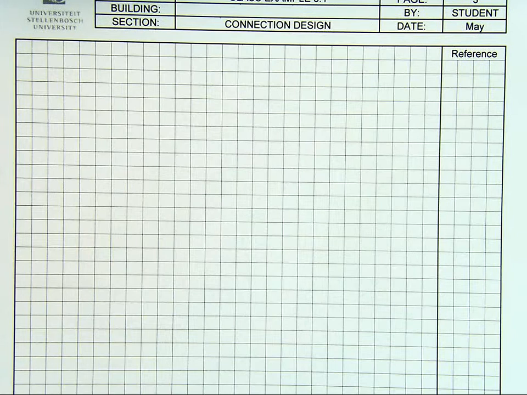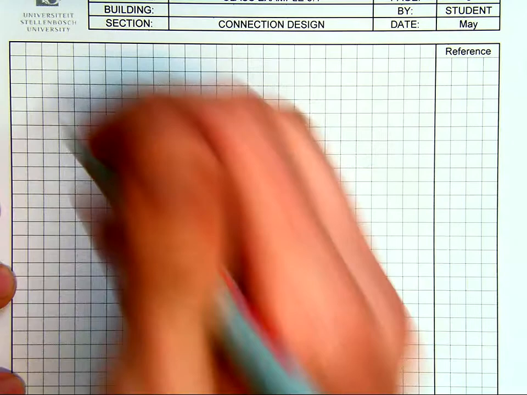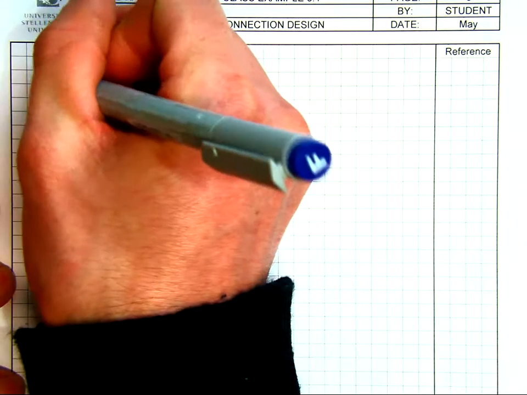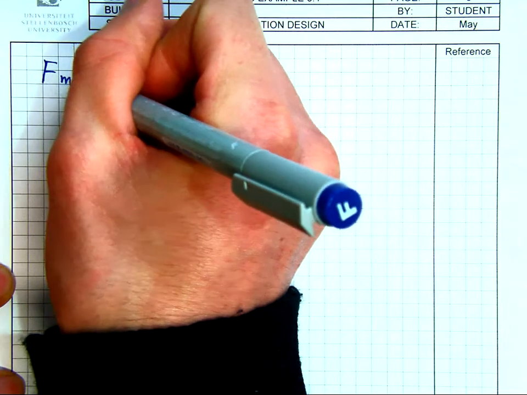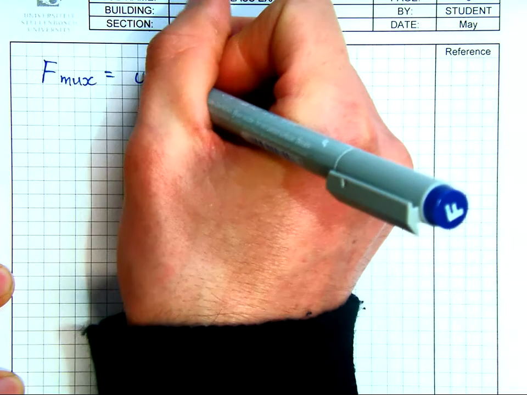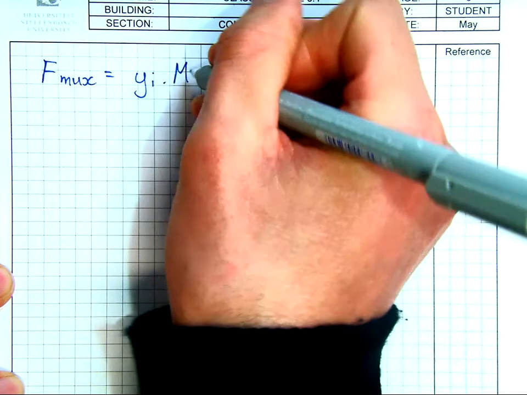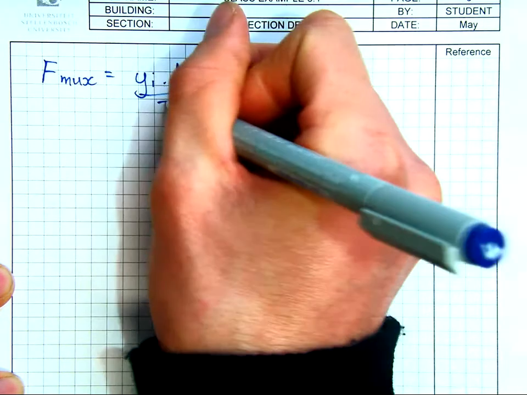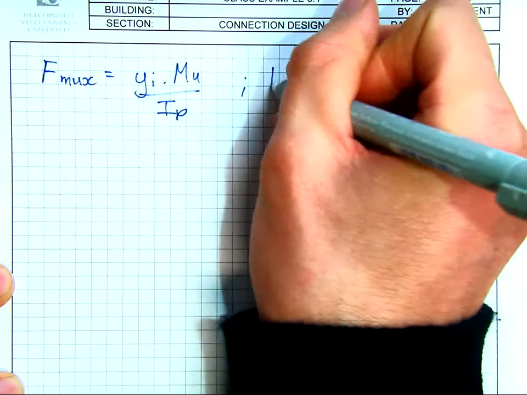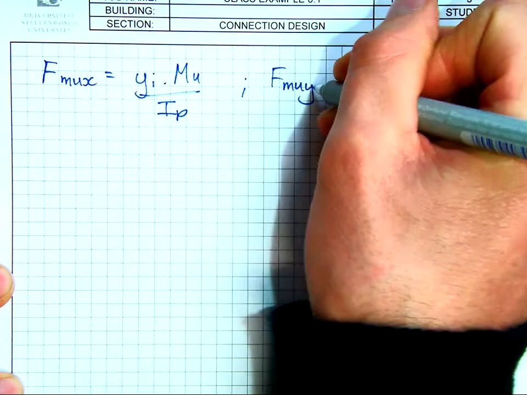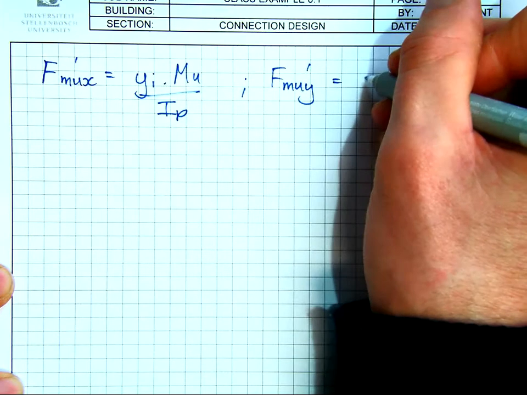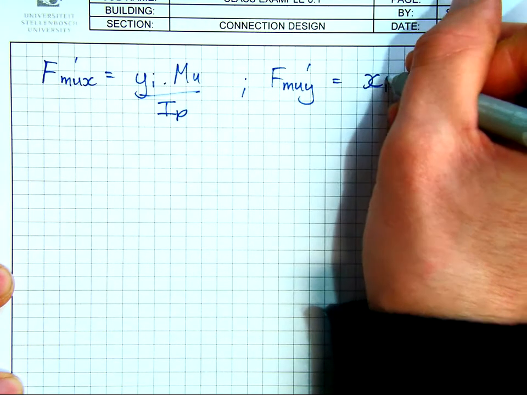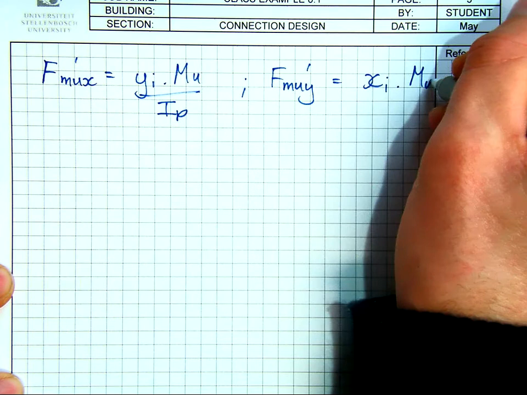Now, moving along with the equations, I'm going to now calculate those forces I mentioned, which is FMUX equals Y I, and then also our y component is proportional to the x distance, as I mentioned earlier.